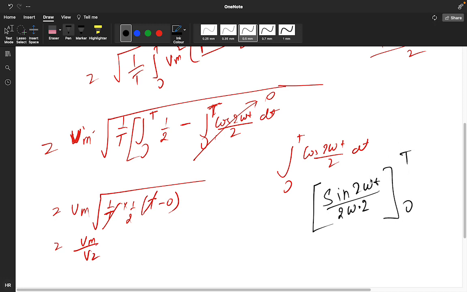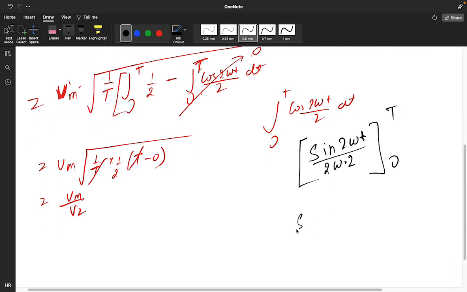Now put the value: sine 2 omega t by 4 omega, minus the lower limit, which is 0 only.